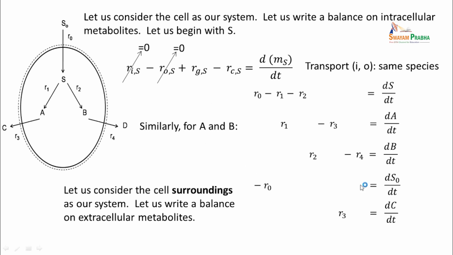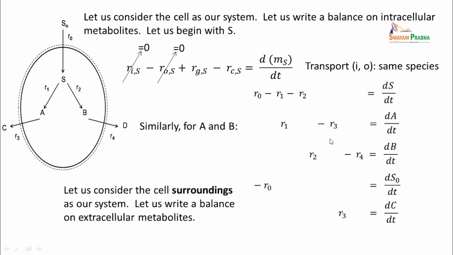In the case of the earlier one, there is no input, there is no output, there is no generation of S0, there is consumption of S0 through the reaction R0, which takes it to the other side, and therefore R0 is the consumption term. Here I have just lined up R0, R1, R2, that's the reason why R0 is here, and it is actually the consumption term. Therefore minus R0 is dS0/dt.